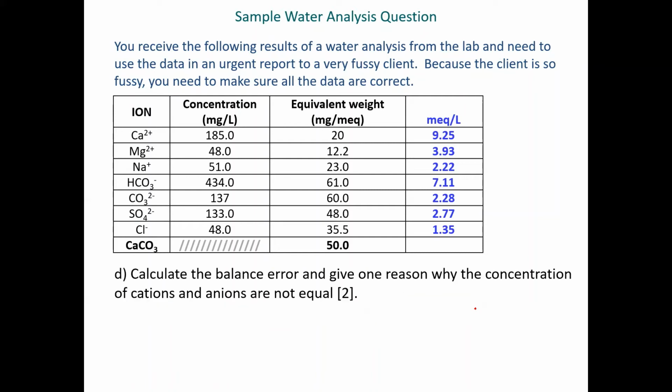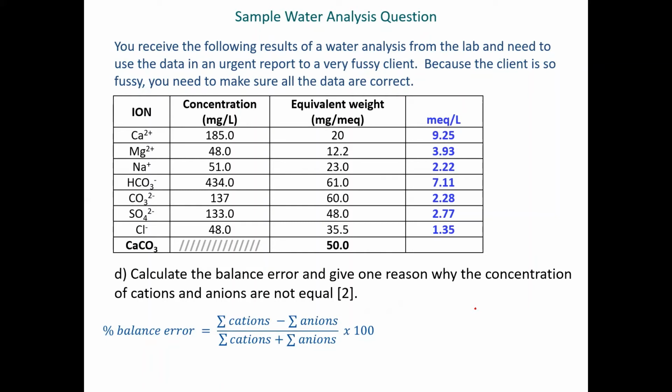All right, so D says calculate the balance error and give one reason why the concentrations are not equal. Okay, so the balance error, remember, is this formula here. So you're basically subtracting the cations and the anions, or the other way around. It doesn't matter. I just want a positive number. It doesn't matter if it's a negative or positive. And then divided by the sum of them, right?